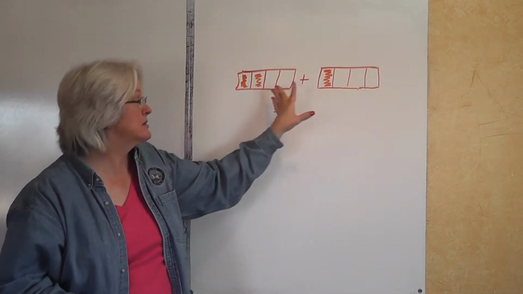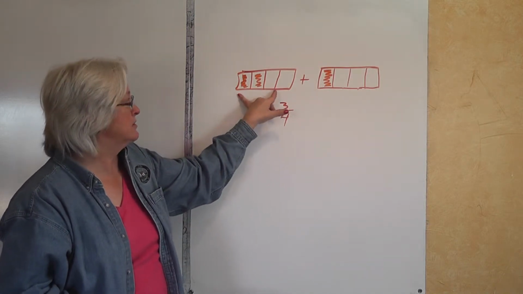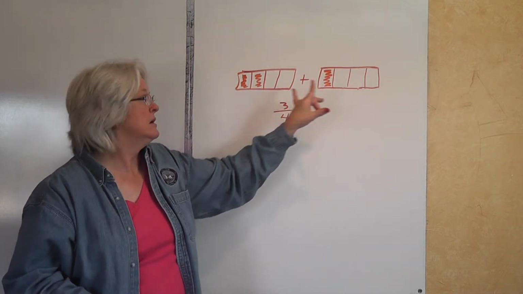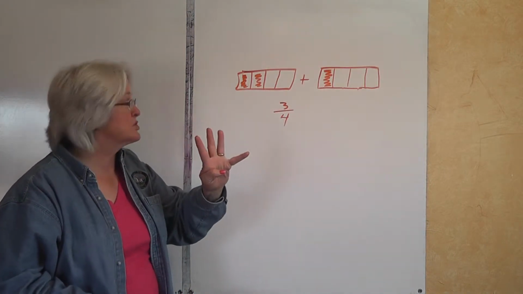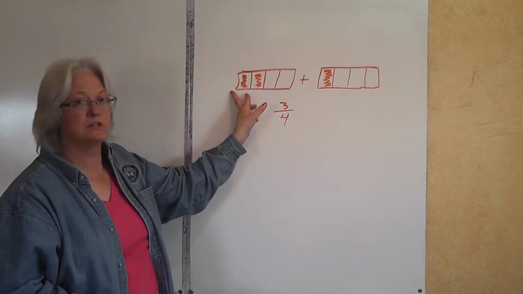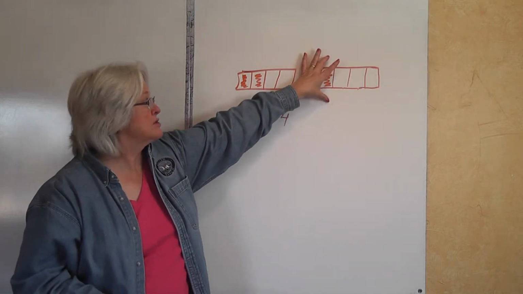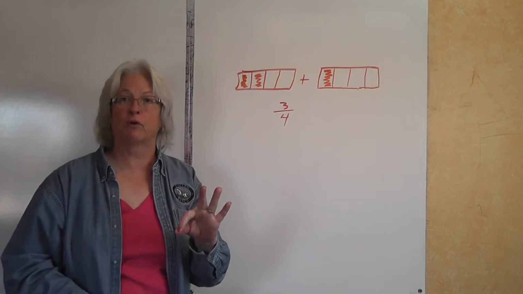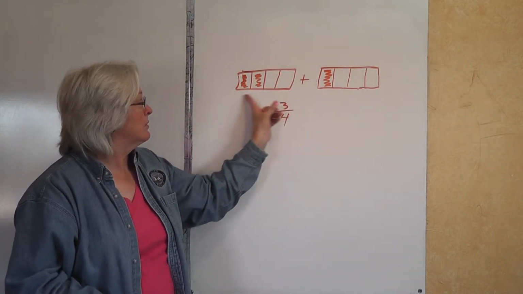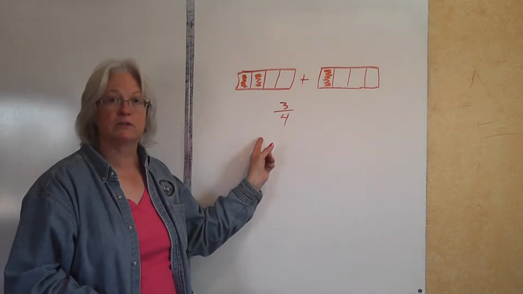Obviously they're not the same size the way I've drawn them, but we're saying that these are equal sized rectangles divided into an equal number of even spaces, which is 4 spaces. 2 spaces in the one rectangle, 1 space in the other rectangle, which we could pick up and fill in to give us a total of 3 of those 4 spaces filled, or 3/4.